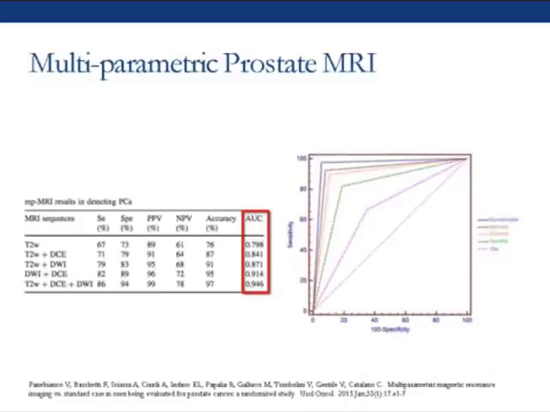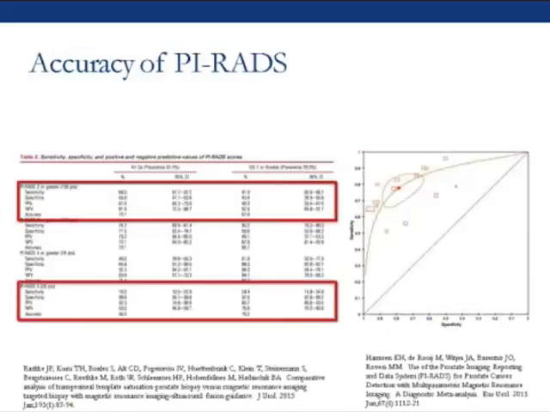The slide on the right shows nodal disease, and when you add these parametrics, the area under the curve increases as well. Basically, as we add different sequences to the MR, we improve the accuracy of diagnosing cancer.